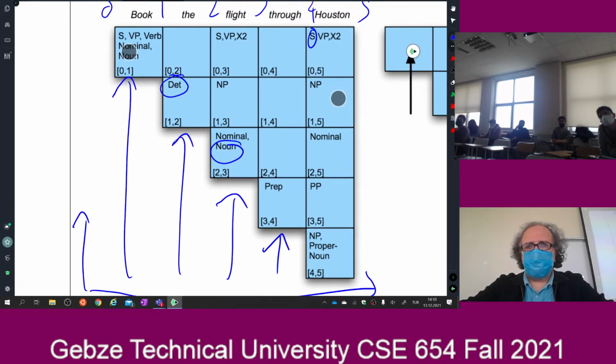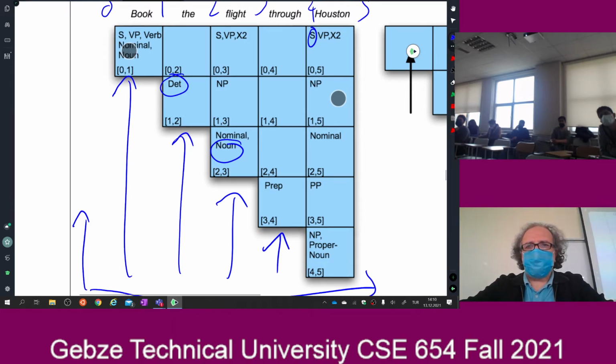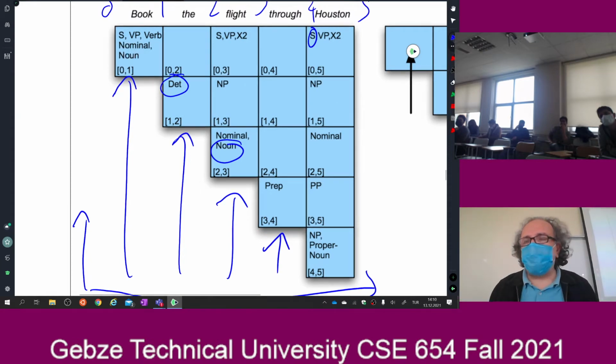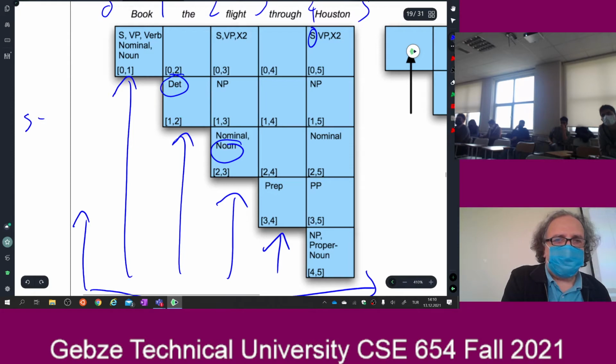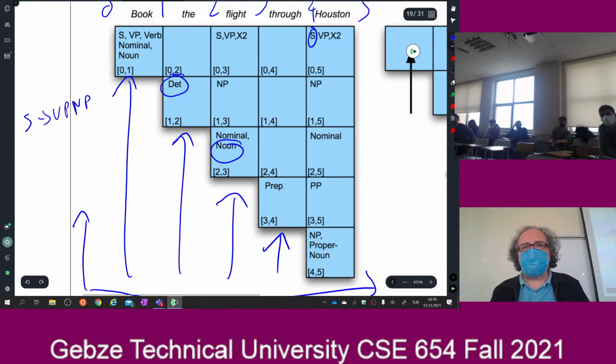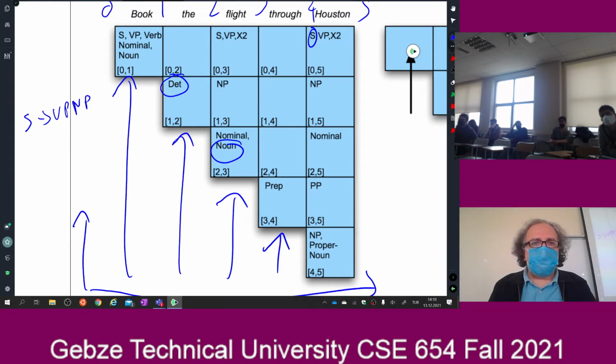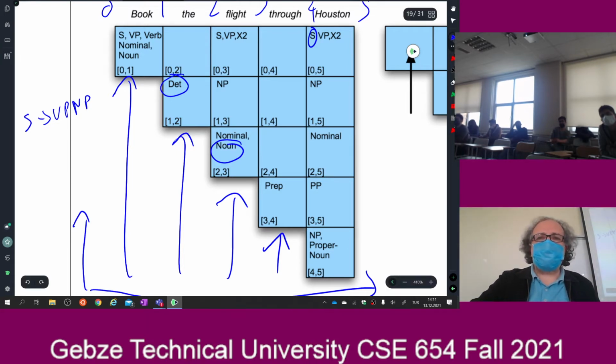Is this logical? 0 to 1, verb phrase, 1 to 5 is noun phrase. Yeah, verb phrase, noun phrase is an S, right? S is a verb phrase, noun phrase. Yeah, we did that. And also, verb phrase, noun phrase is another verb phrase. And also it's an X2 too.